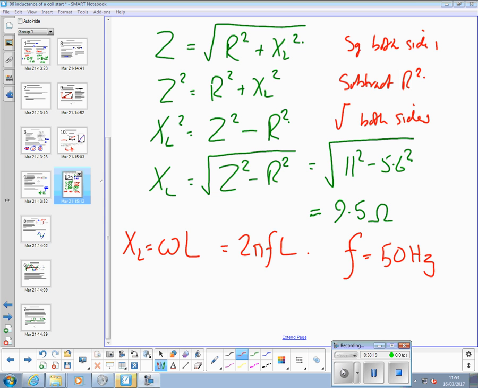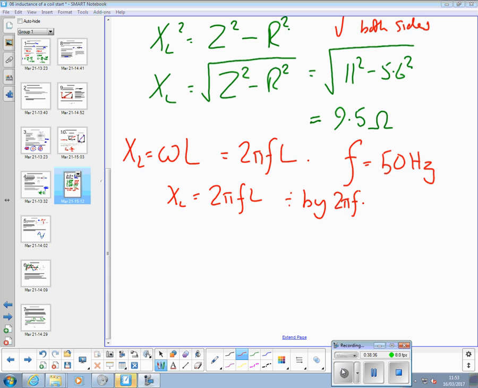Can we do it now? Yeah, because we can rearrange XL is equal to 2 pi FL by dividing by 2 pi F, all in one go.